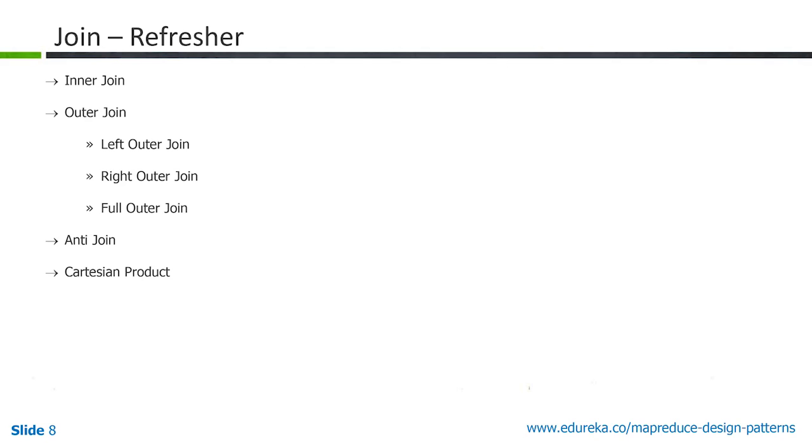So here you have again the inner join happening first, and then after that, any record which you had in table B which didn't find a match in table A, those are also combined. But as far as the values from table A are concerned, they are filled with nulls. Full outer join is a sort of a combination of the inner join, left outer join, and right outer join.